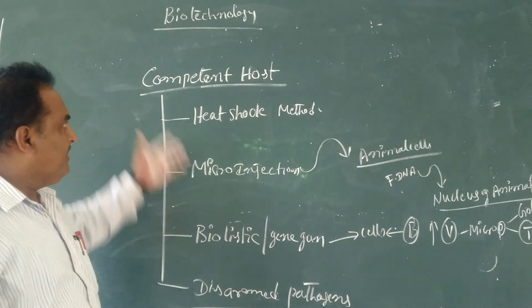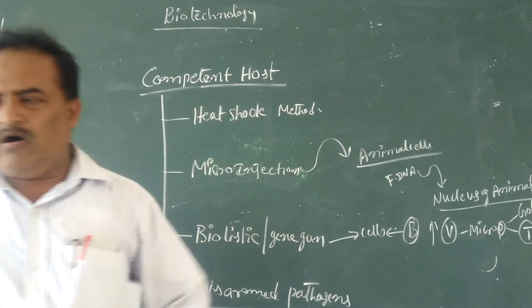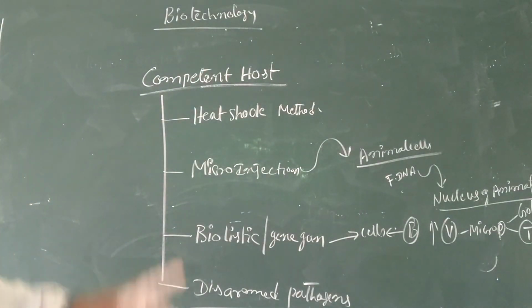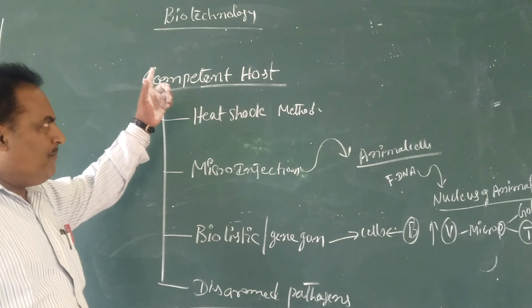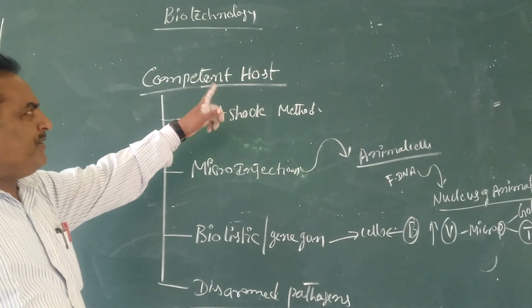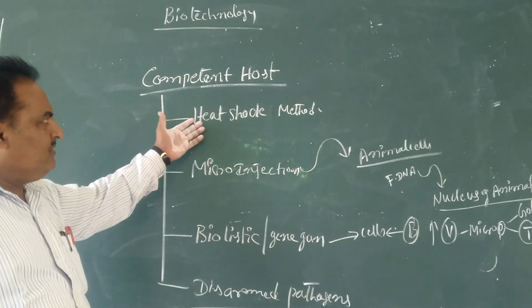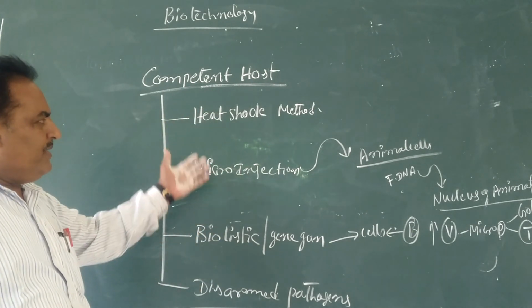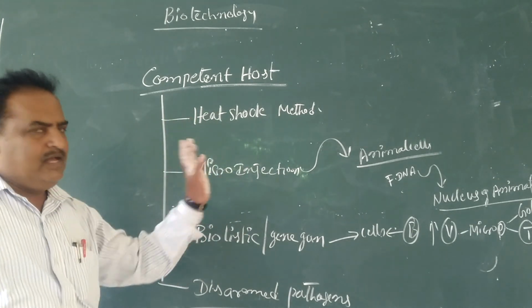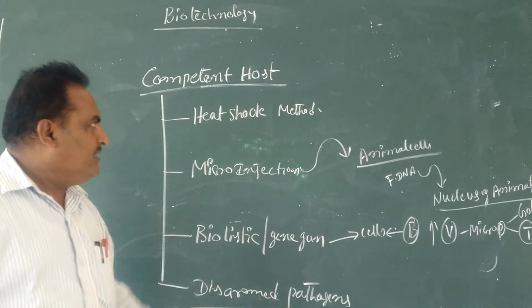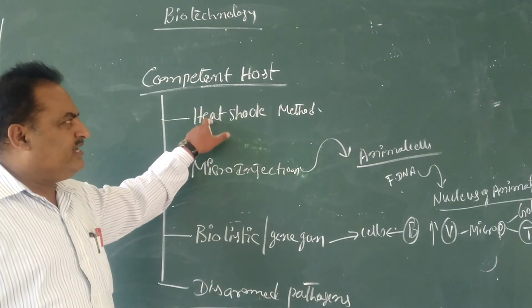That is about the competent host or competency, the ability of the cell to take up foreign DNA. It is called competency, or competent host, for which there are different methods: the heat shock method, the microinjection method, and the biolistic method. The heat shock method is used only in the case of bacterial cells.